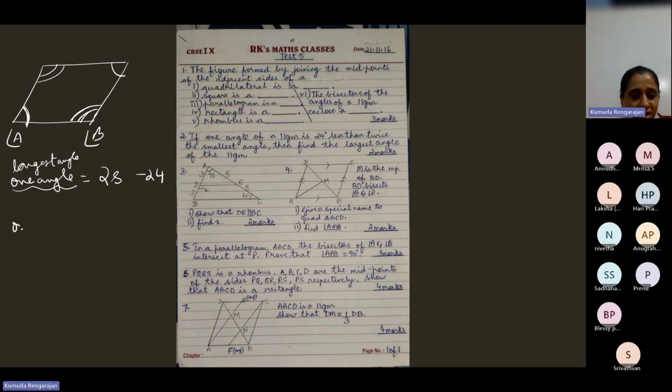One angle of the parallelogram is 24 less than twice the smallest angle. So let the smallest angle be x. Twice the smallest angle is 2x. 24 less than twice the smallest angle is some other angle, and that's the largest angle, because only these two types of angles are there in the parallelogram.